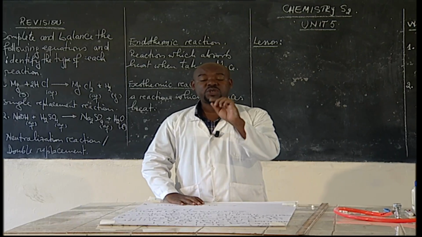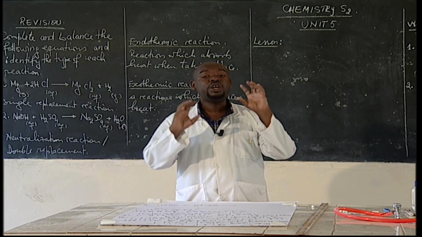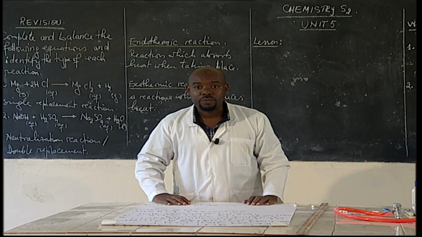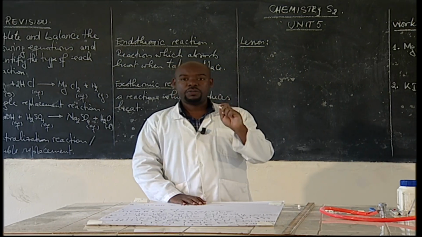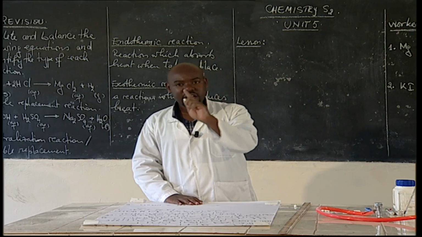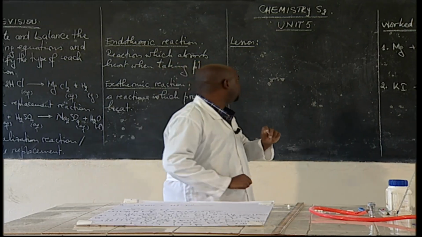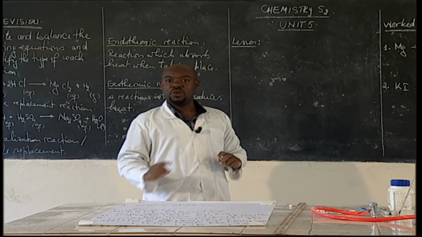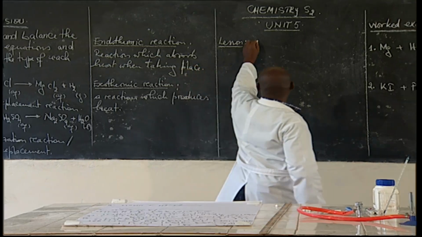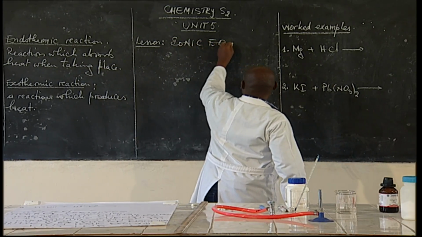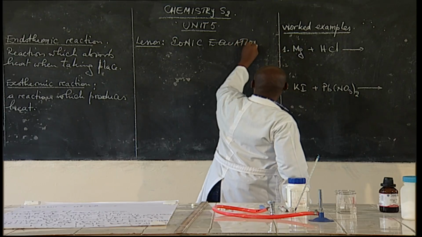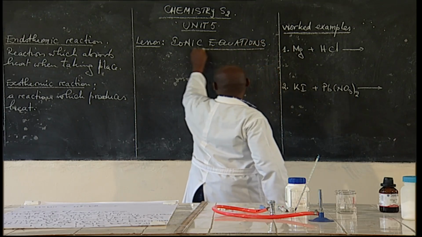But there is a possibility of writing equations in another form, the form we call ionic form. And with the ionic form, we write ionic equations, and that is the new lesson of today. Ionic equations. How do we write ionic equations?